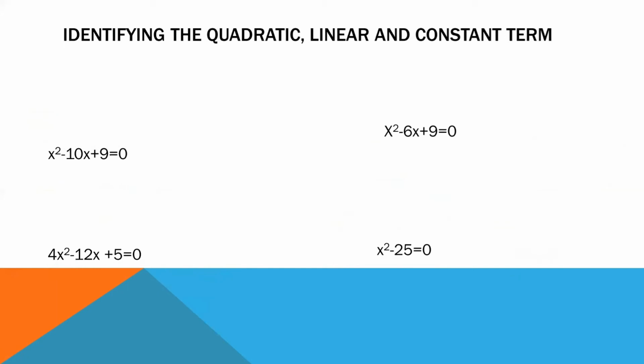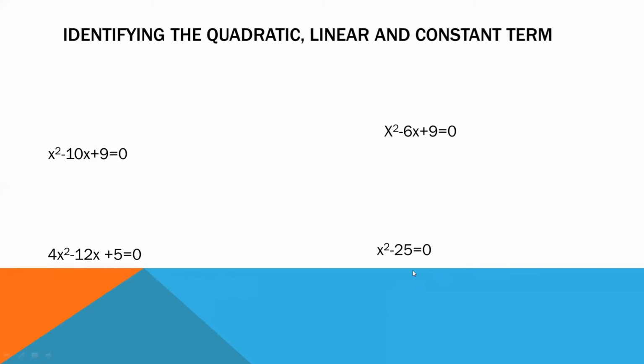Kailangan natin yan dito para ma-identify yung quadratic, linear, and constant term. So, if you can see, this equation is now in standard form. So, kung wala pa siya sa standard form, please gawin nating standard form ang ating equation bago tayo mag-identify ng quadratic, linear, and constant term.